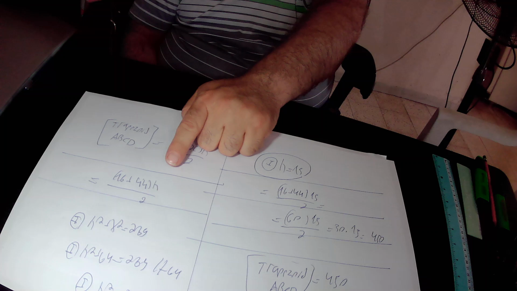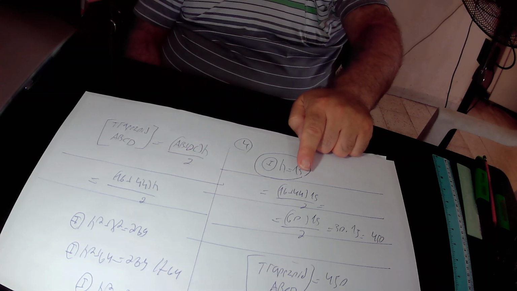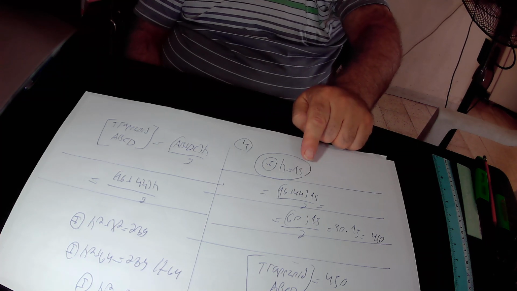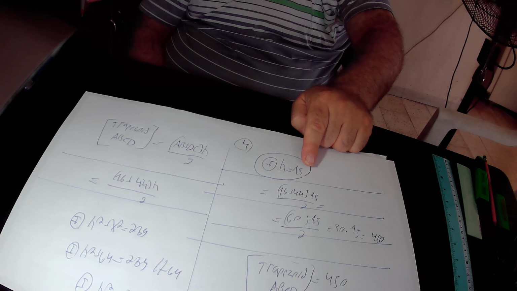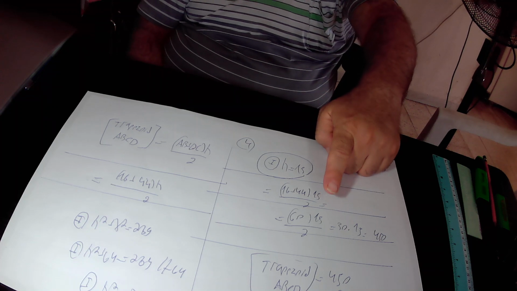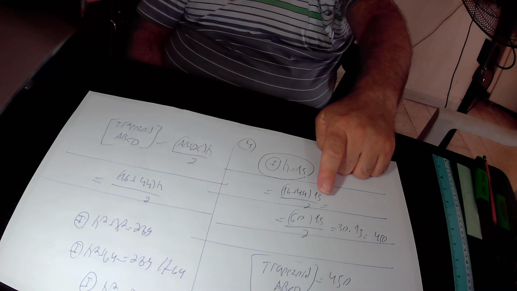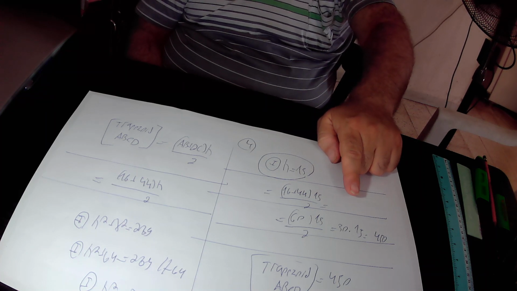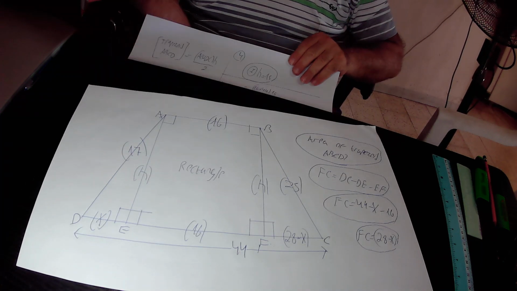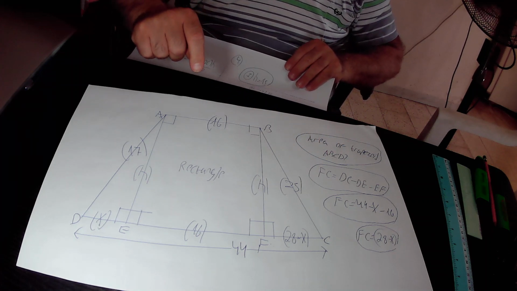We find that the area of trapezoid ABCD equals (16 plus 44) times 15 over 2, that is 60 times 15 over 2. 60 over 2 is 30, so this expression equals 30 times 15, that is 450. In conclusion, the area of this trapezoid ABCD is equal to 450 square units.